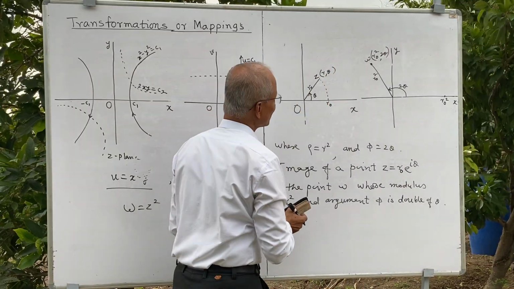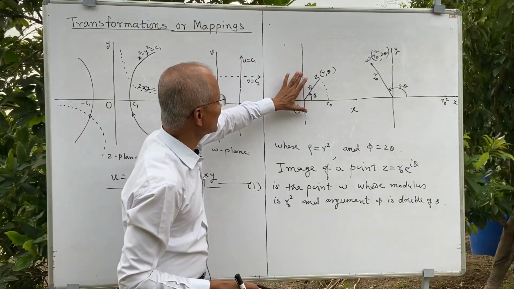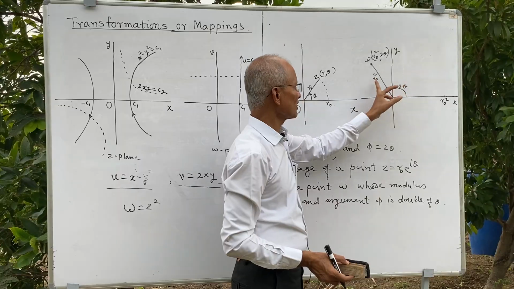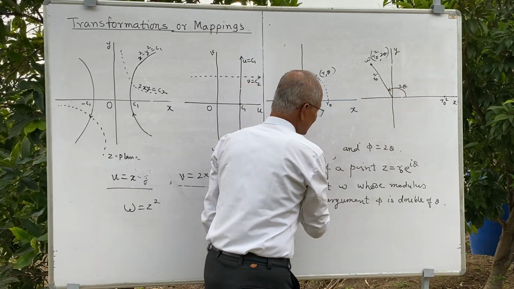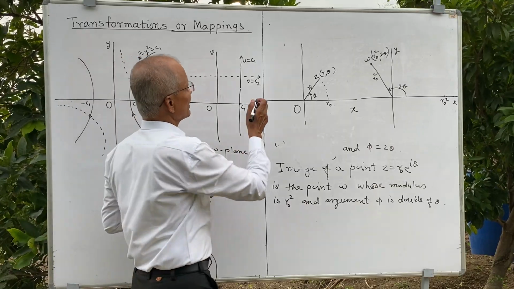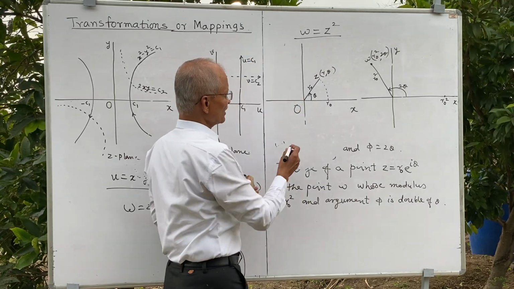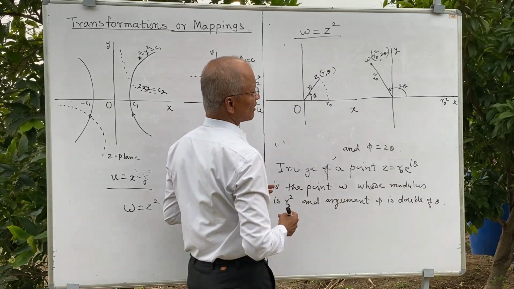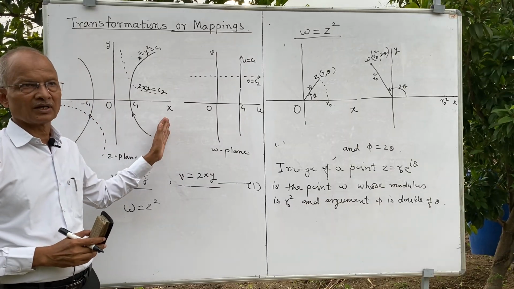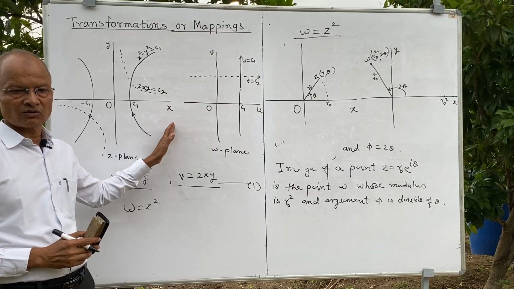And in this mapping, if theta is pi by 2, then that vector will be mapped to the entire first quadrant and second quadrant. So, in this way we have seen how the mapping w is equal to z square transforms a point in one plane to a point on the other plane, and we have seen the two forms, Cartesian and polar form of this transformation. I hope you will understand this. Thank you for watching the lecture.